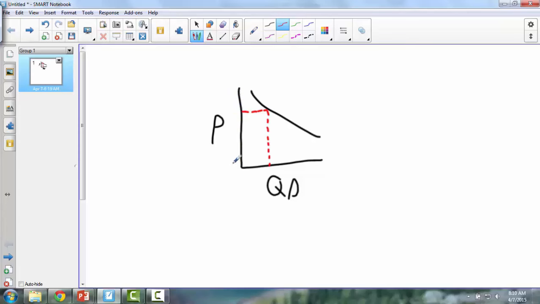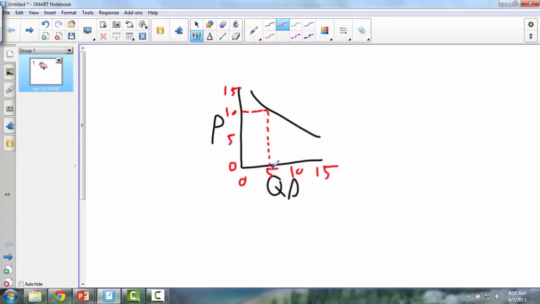But if it makes you happier, let's do 0, 5, 10, and 15. I'm just making these up. Quantity demanded, 0, 5, 10, and 15. These numbers are made up. I'm not too concerned about numbers. Okay, so at a price of $10, economists would estimate that the quantity demanded for basketballs would be 5.